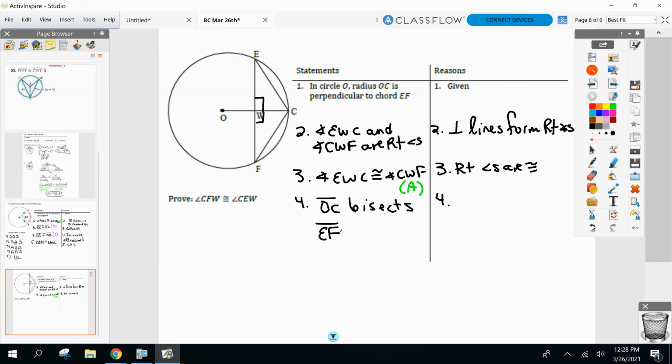The theorem does not say these two segments are equal. We'll say that next for another reason. What the theorem says is the radius bisects the chord, so that's what I write in my statements. A radius perpendicular to a chord bisects the chord. And again, instead of the word radius, if anybody wants to use diameter, go ahead.